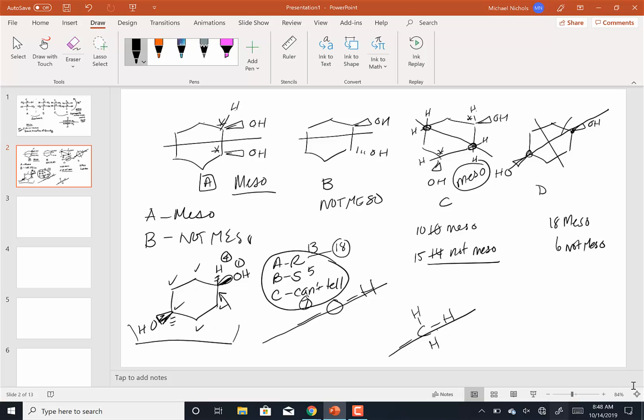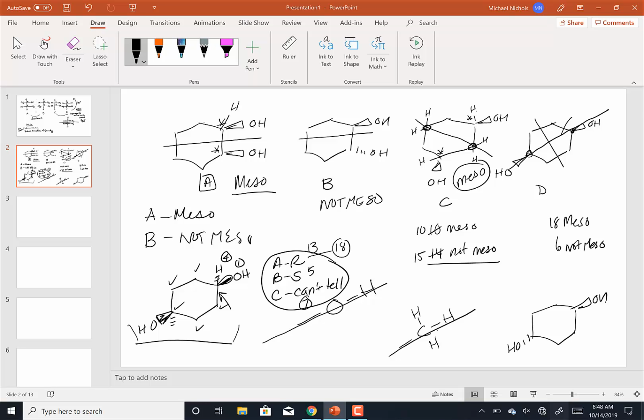Because in this case, the cis isomer doesn't have any chiral centers. The trans, is the trans meso?